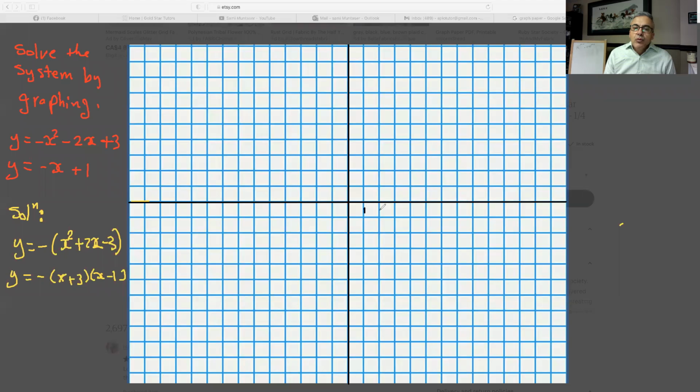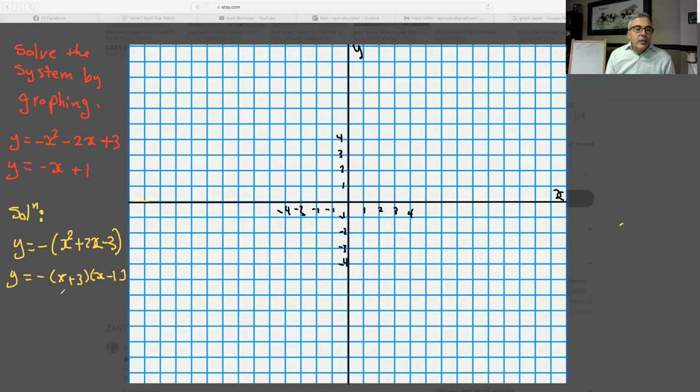So basically my scale is 1, 2, 3, 4, and so on, and -1, -2, -3, -4, and so on, and continuous. This is the y-axis. This is the x-axis.